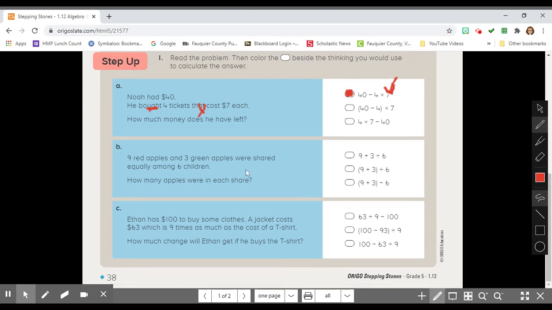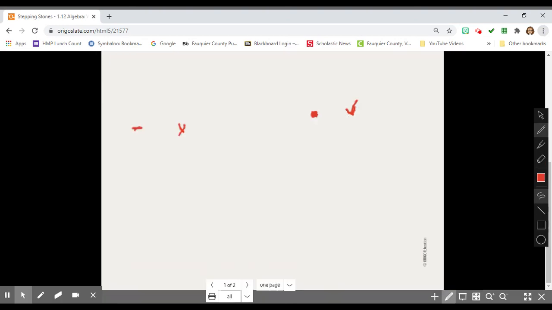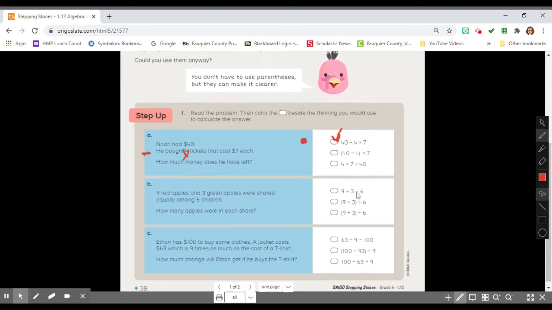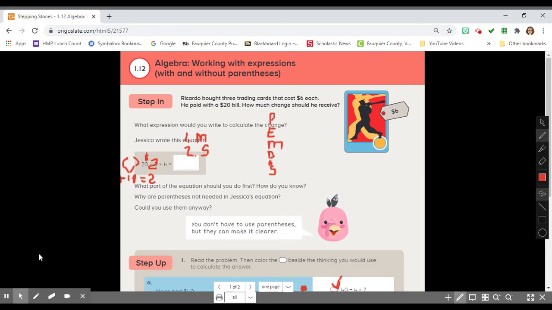Okay, let's see. Where is, whoop. How do I get to the other page? All right, let's get to the other page.